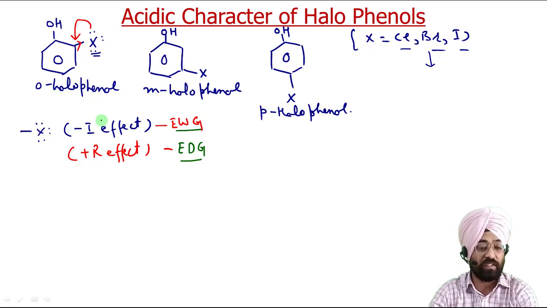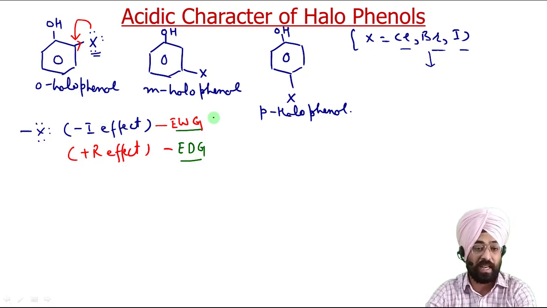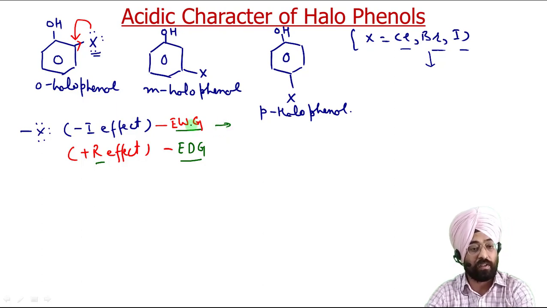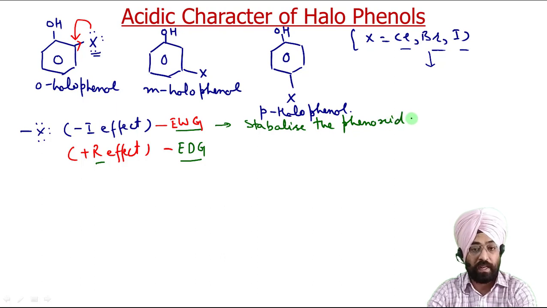Now their effects are reverse. The inductive effect is electron withdrawing, whereas the resonance effect is electron donating. If the inductive effect is dominating, then they will attract the electrons towards themselves and stabilize the phenoxide ion, whereas the resonance effect, as it is electron donating, destabilizes the phenoxide ion.